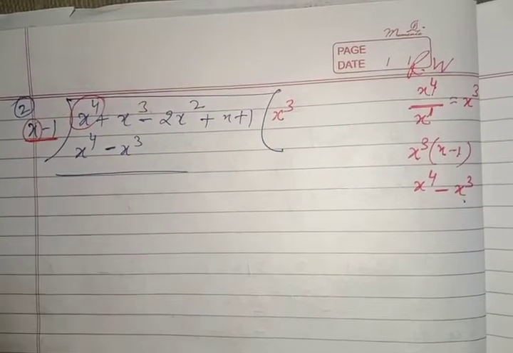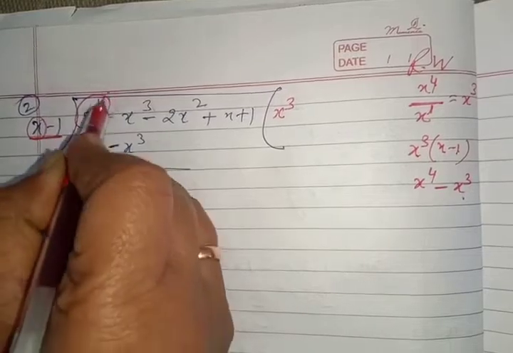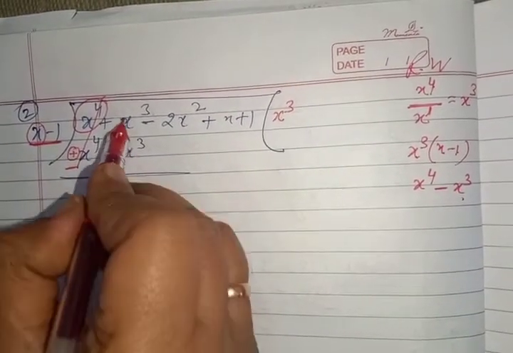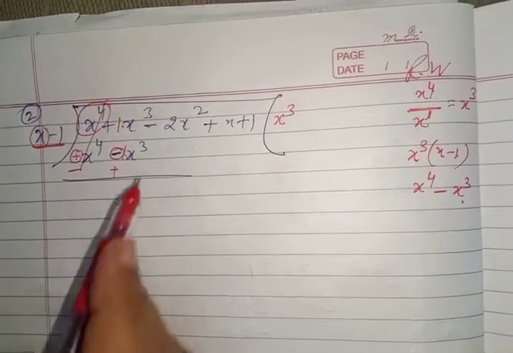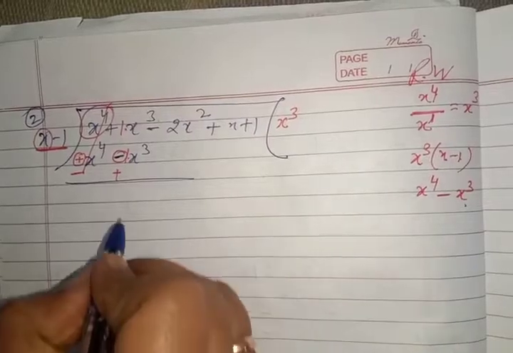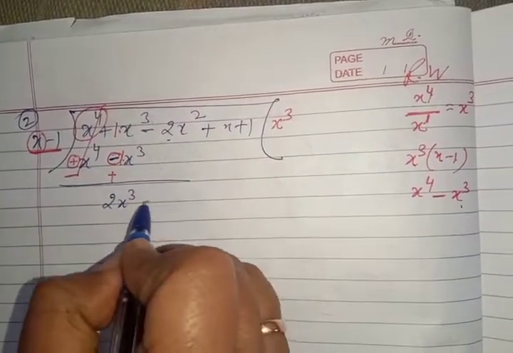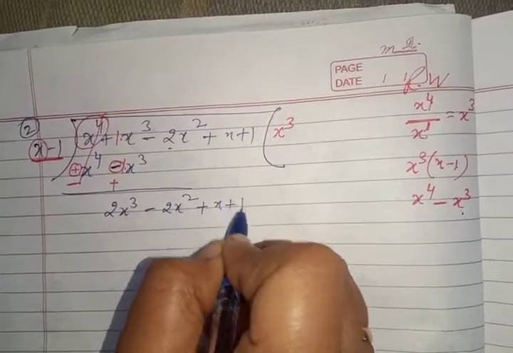Then again the same step, this sign is plus, change it, cancel it. This minus, make it plus. 1x³, 1x³, plus, plus. What will we get? We will get 2x³. And these terms as it is will bring down: minus 2x² plus x plus 1.